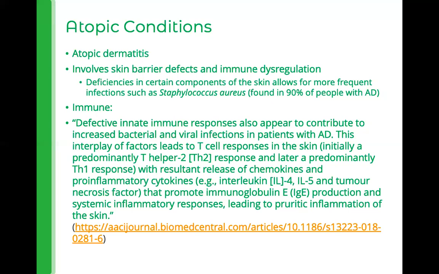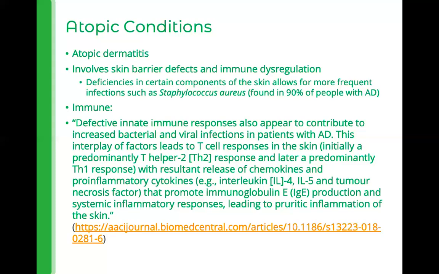And then, yes, we know that it's immune. We've talked about this already, but let's say with the atopic, so let's be more specific. So yes, it can be triggered by food sensitivity or food allergy, so your IgE, increasing your histamine. But what can happen is as well that that person has more bacterial infections, which we've just mentioned, your Staph aureus in particular, but also viral infections.